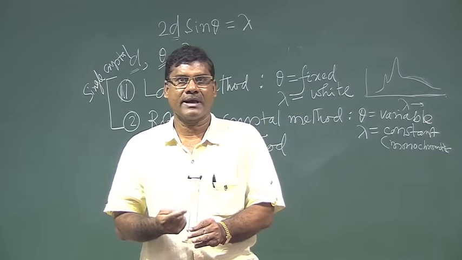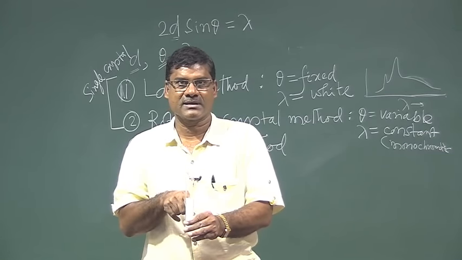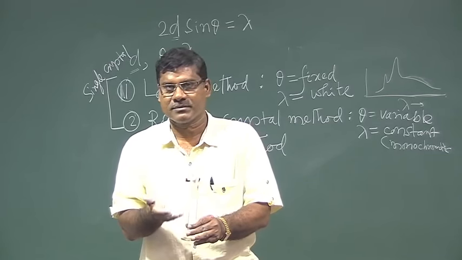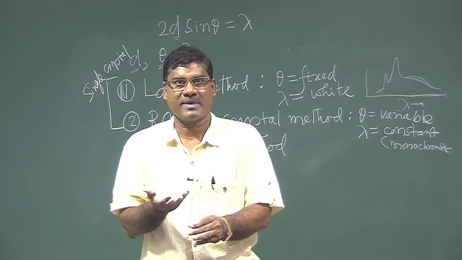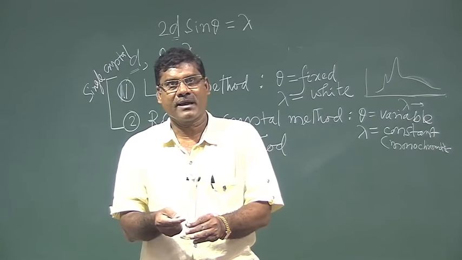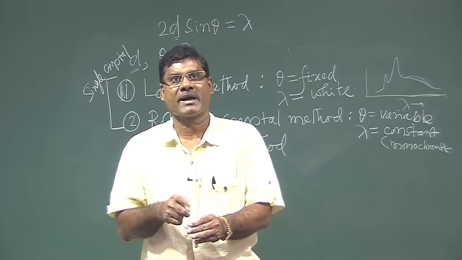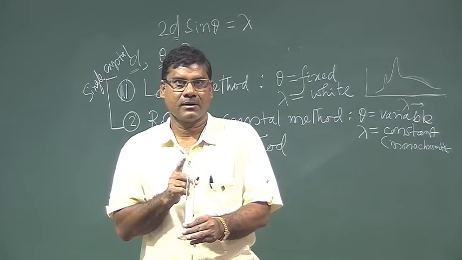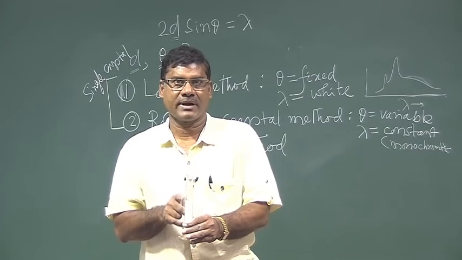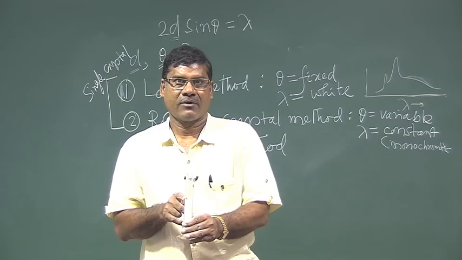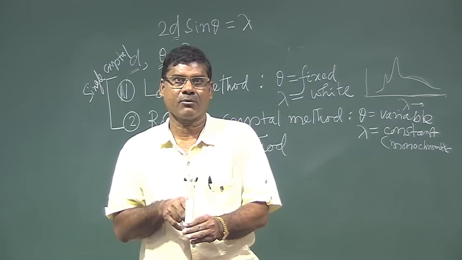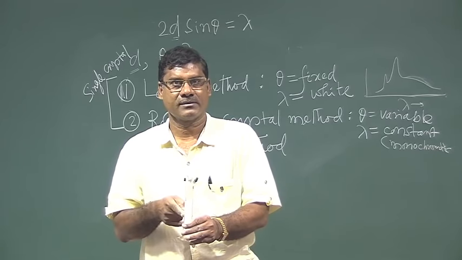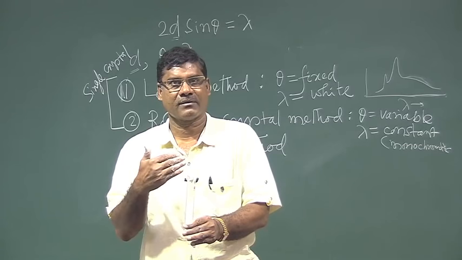So, if X-ray is falling on this, the 1 0 0 plane for one particle is making some angle, say 5 degrees. Then in another particle the same plane will make an angle of 5.5, 5.9, etc. So, you can assume that for this powder crystal, X-ray will make angles from 0 to 180 with a particular plane.